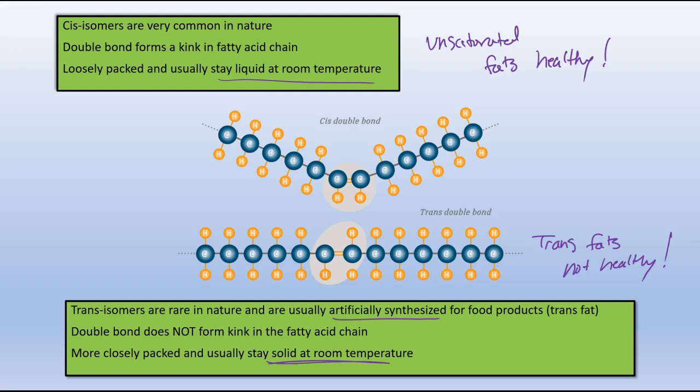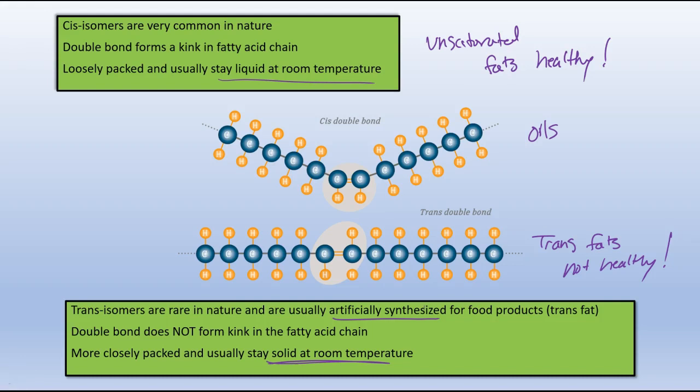Basically your margarines, fake butters, stuff like that have trans fats. They are artificially synthesized. They stay solid at room temp. These unsaturated fats, because they have these bends or kinks, are more flexible, and because they're more flexible, they are not as rigid, and so they stay liquid at room temp. These are your things like oils, canola oil, sunflower seed oil, olive oil, stuff like that.